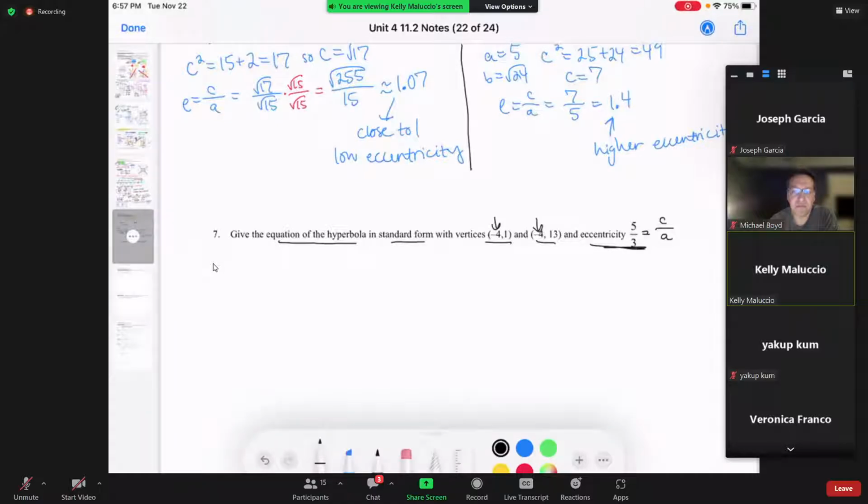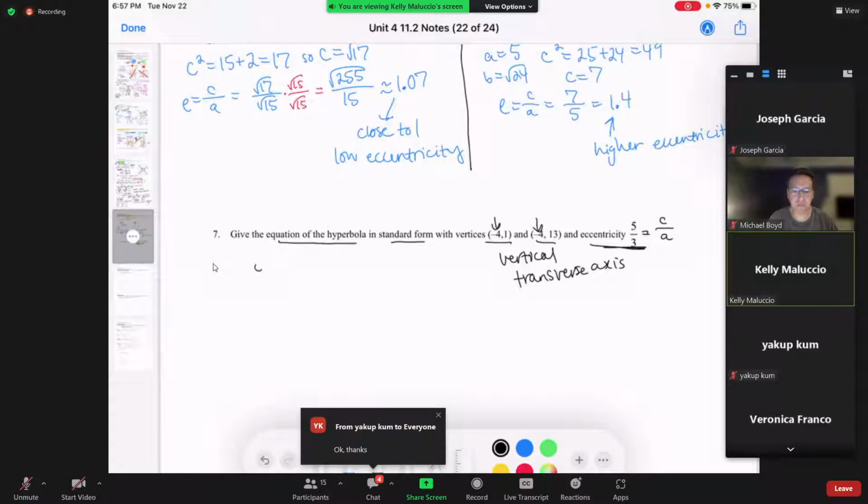So that tells me this is going to have a vertical transverse axis, because the x values are the same and the y values are different.